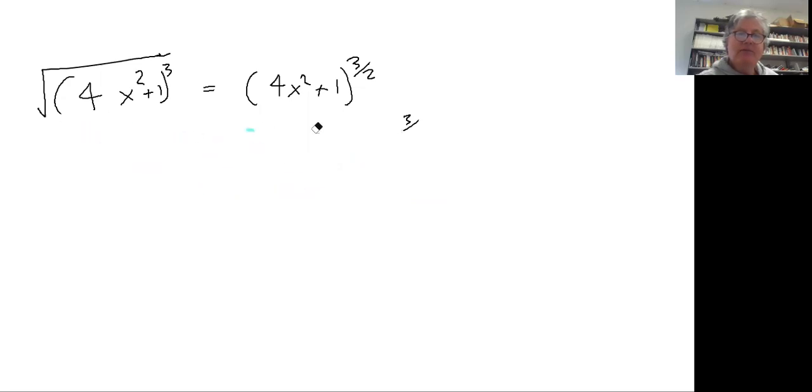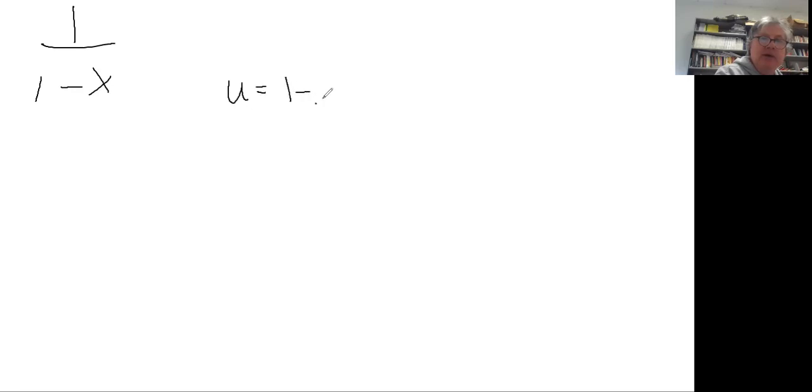The next problem was a reciprocal problem, I believe. So we had 1 over 1 minus x. So we let u equal 1 minus x, and r equals 1 over u.